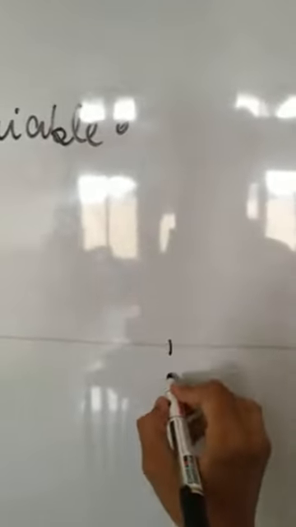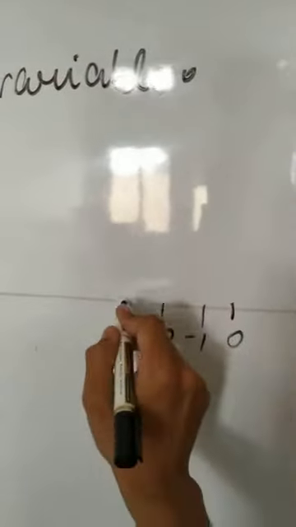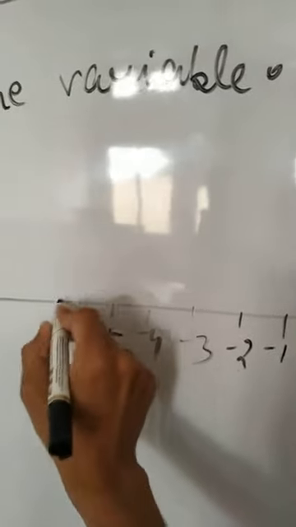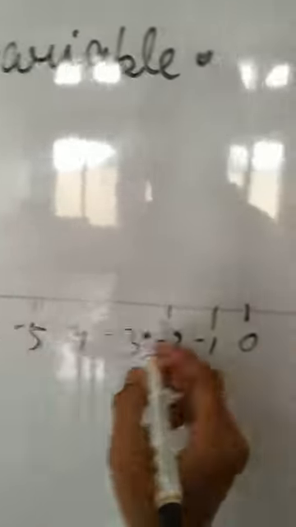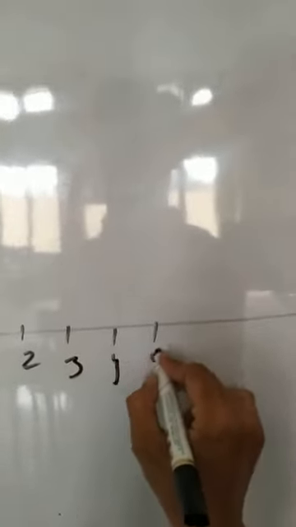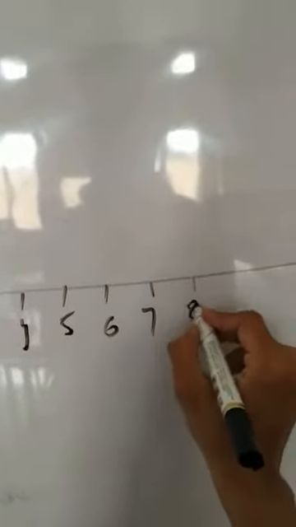So in one variable we draw a line, a number line: 0, -1, -2, -3, -4, -5, -6, -7, 1, 2, 3, 4, 5, 6, 7, 8 and so on.